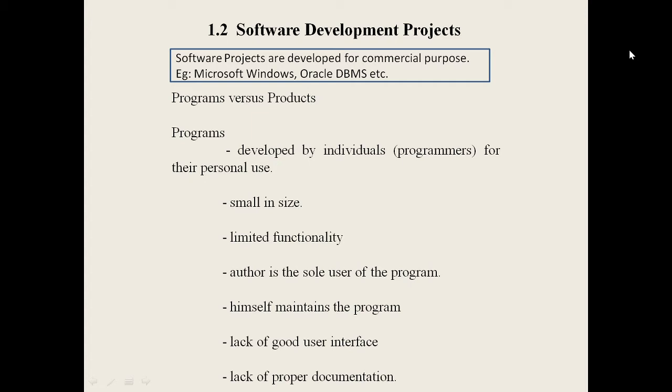For software there must be good documentation: the requirement specification document, design document, test document, user manuals, etc. But a particular program is always small in size with limited functionality, used by the programmer himself, and he knows well what he has done.